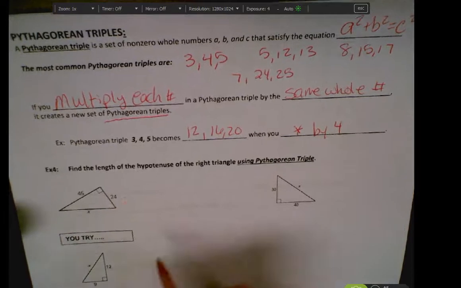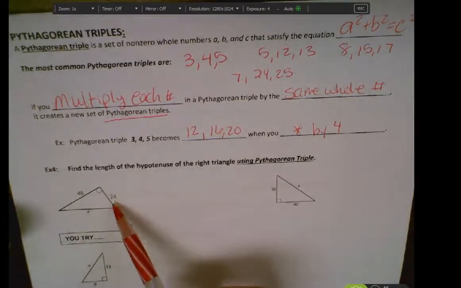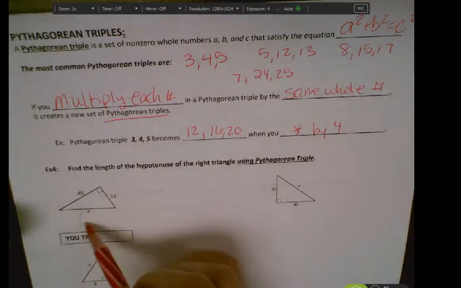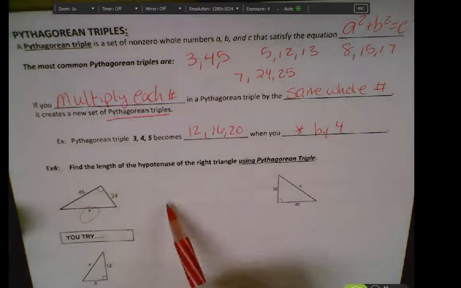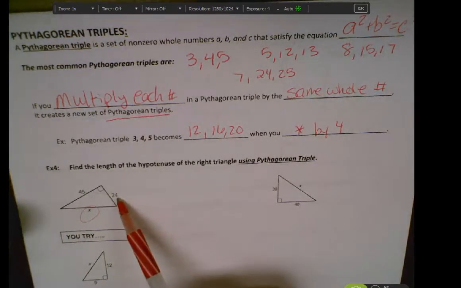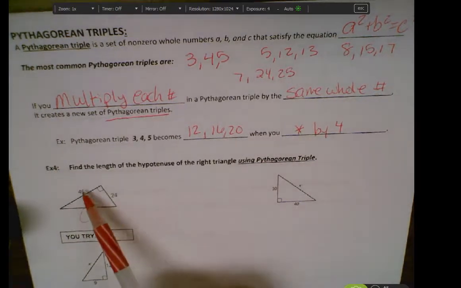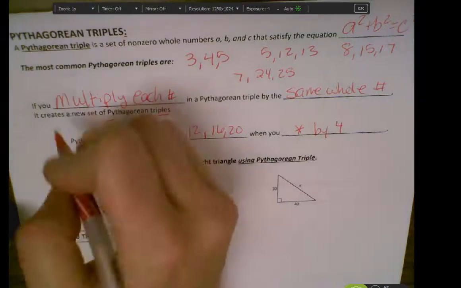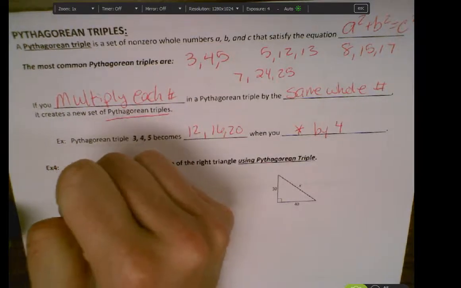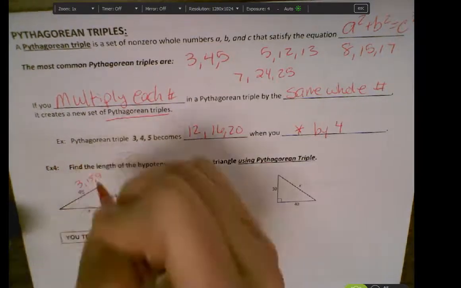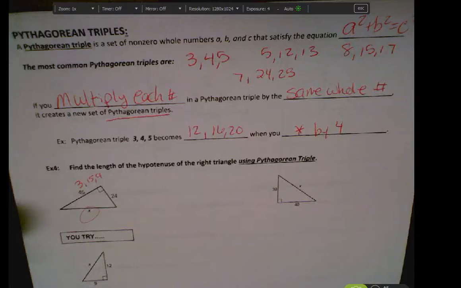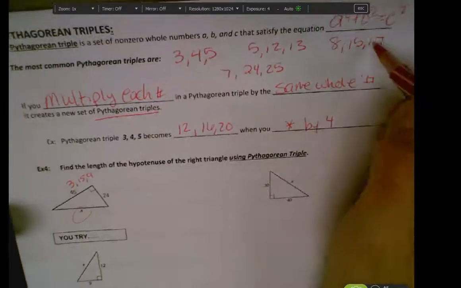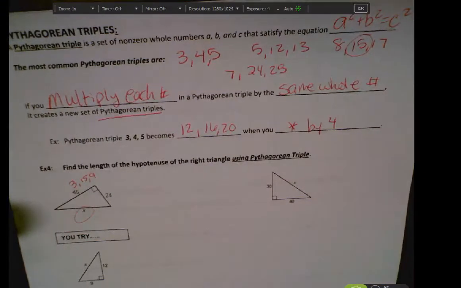We are given a right triangle with side lengths 45, 24, and x. So x clearly has to be bigger than 45, and we can quickly look at 24 and 45. The factors of 45 are 3, 15, and 9. So I know that in my Pythagorean triple list, a medium term is 15.